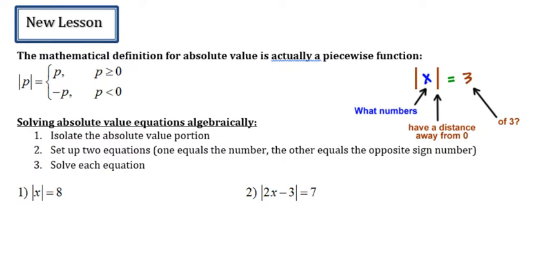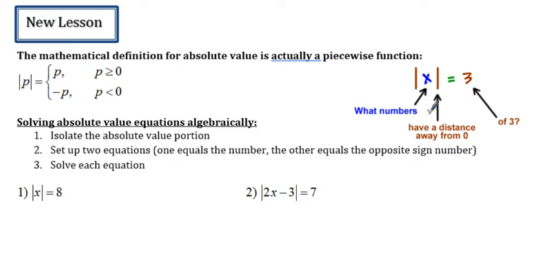So we first need to think of what the absolute value means. If you have the absolute value of something, the solution can be both the positive version of that something and the negative version of that something. To solve the absolute value of x equals 3, we need to think, what numbers could x be?